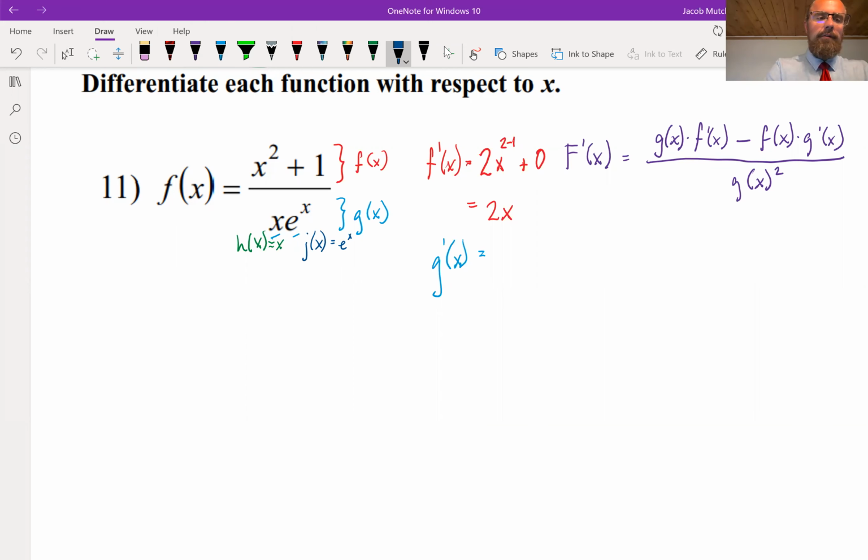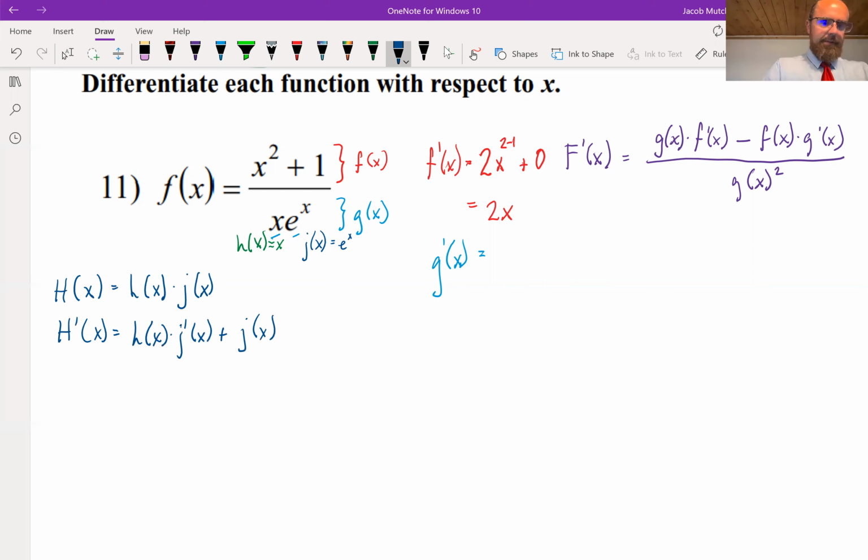If I've got, let's say, big H of x, and we're not taking the derivative yet, if that's the product of little h of x times little j of x, the derivative is going to be h of x times the derivative of j, plus j of x times the derivative of h of x.